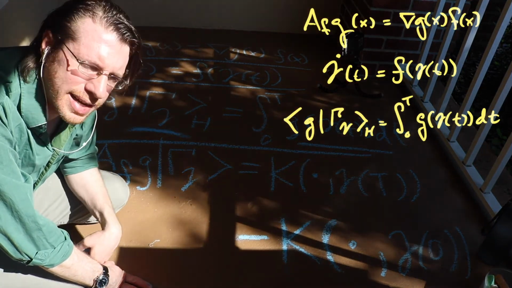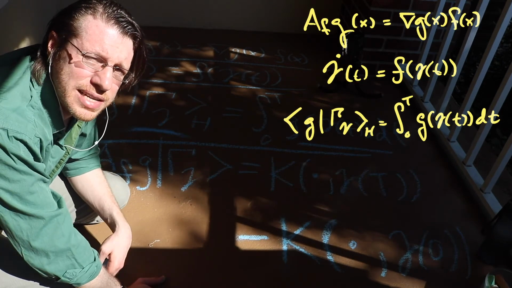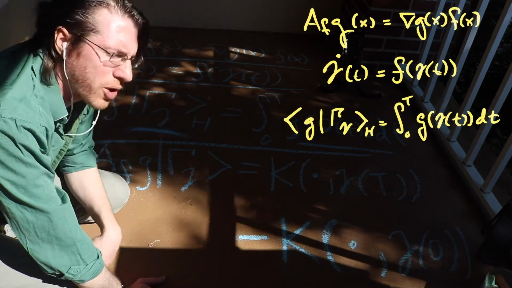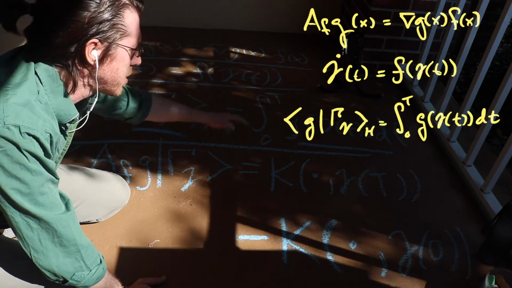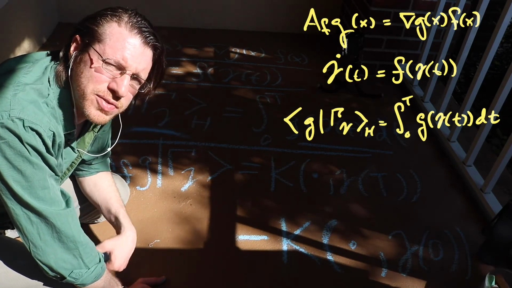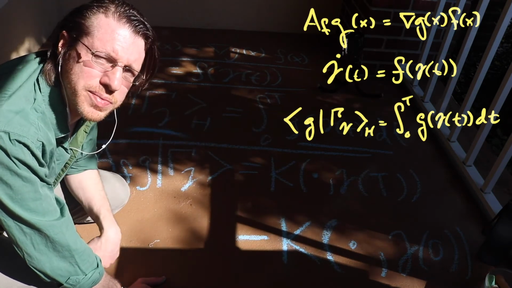So the trajectory is defined over, say, 0 to T, and it maps to, say, R^n. And so if our Hilbert space consists of functions over R^n, then we can compose γ of t for any time point t into g, and then we can integrate over all of those.